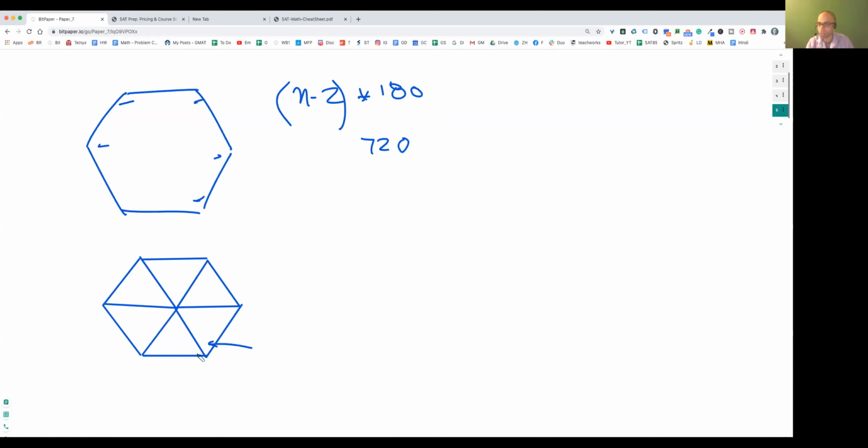I'm going to tell you that this triangle here is an equilateral triangle, so each of these angles is 60. So can you tell me what each of these angles is going to be? Try to add them and see what answer you get.